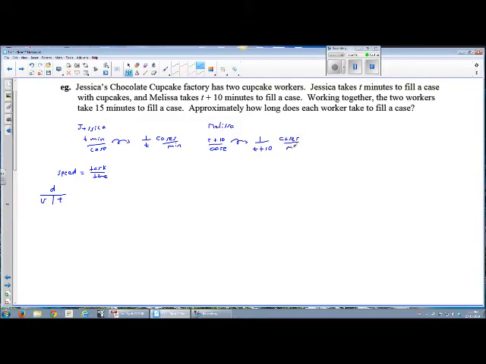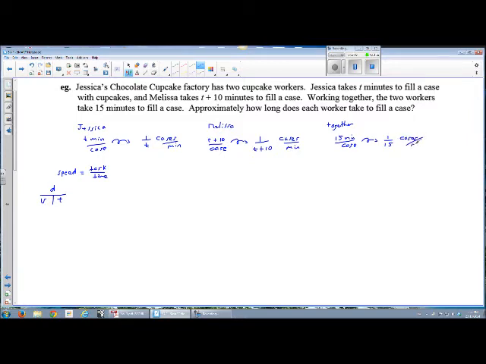Okay, and each of those is if they work on their own. And together, we know it's 15 minutes that it takes them to fill a case. Changing that into speed, we've got 1 over 15 cases per minute.